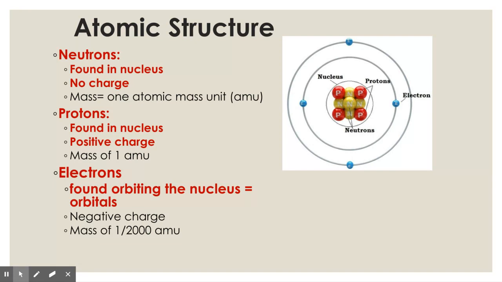Then outside of that nucleus, we find electrons, and we say that they are orbiting in an orbital or in an electron cloud, but they are outside of the nucleus, and they have a negative charge. There's not a good way really to remember electrons having a negative charge. Those words don't start with the same letter, but I like to think of all of the little lines that you need to make all the E's and the T as a lot of little negative signs.